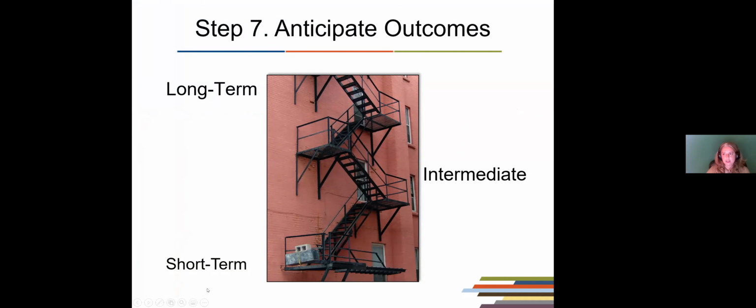So these are usually your changes in attitudes or beliefs, or risk or protective factors, and these result from the program activities. And those are often going to align with your short-term objectives. And then we have the intermediate, and these are the effects you expect to achieve, which are often related to behavior or skills. So these outcomes often align with your medium or intermediate term objectives or goals.